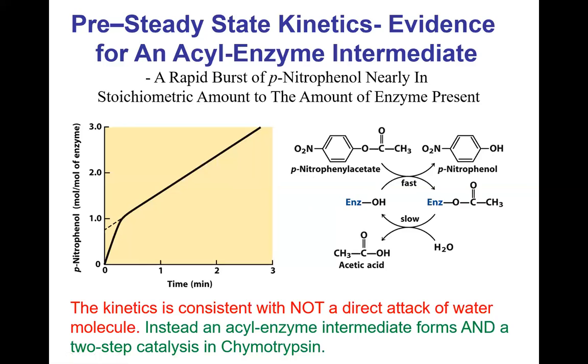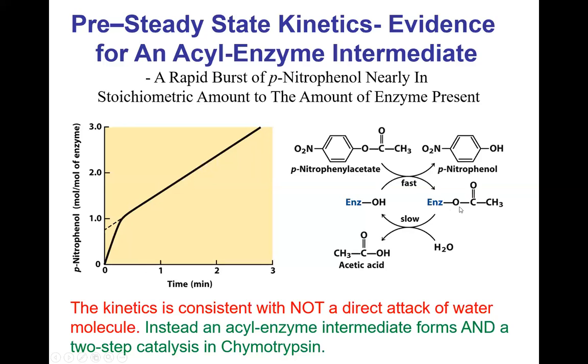And that's why, if one equivalent of enzyme is used, you will get one equivalent of para-nitrophenol in the burst phase. And then if you have additional equivalents of substrate, that will be catalyzed in the slow step, in the second phase, which is the steady phase. And that second step is the slow step.